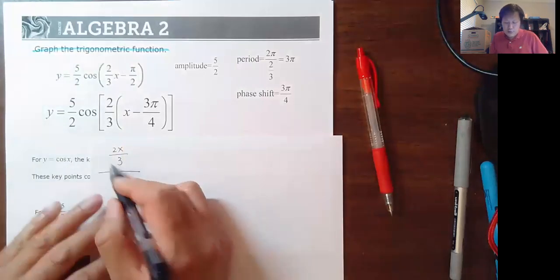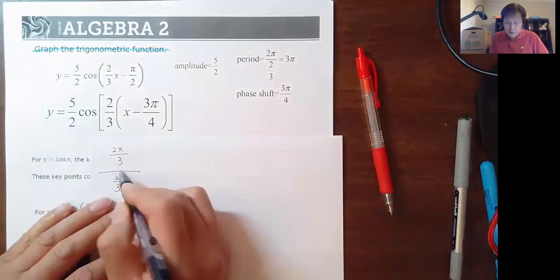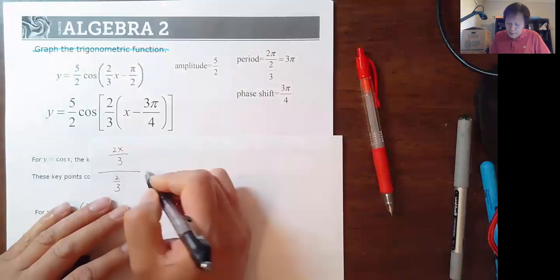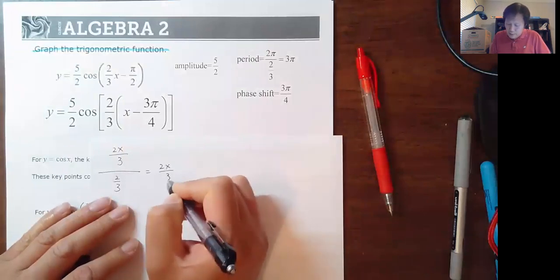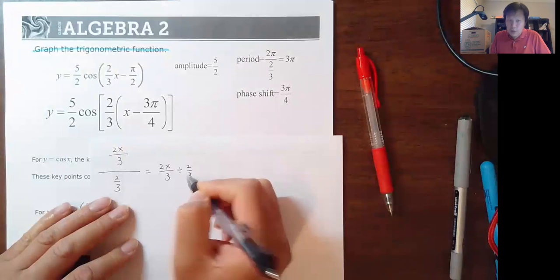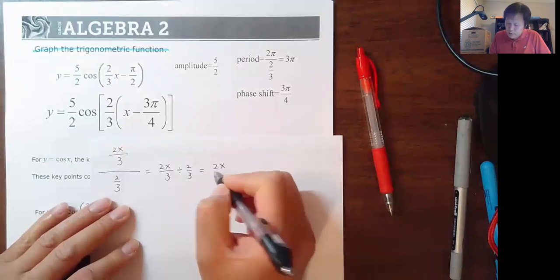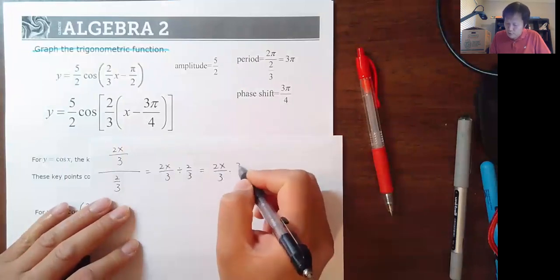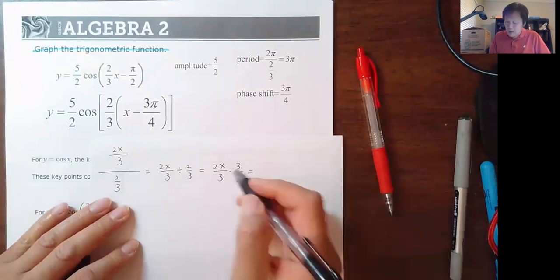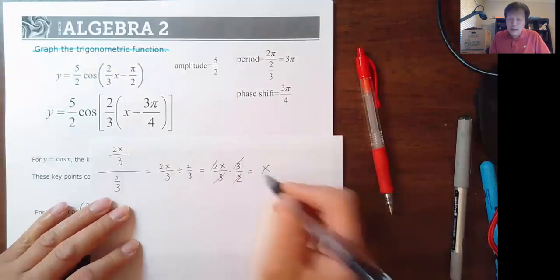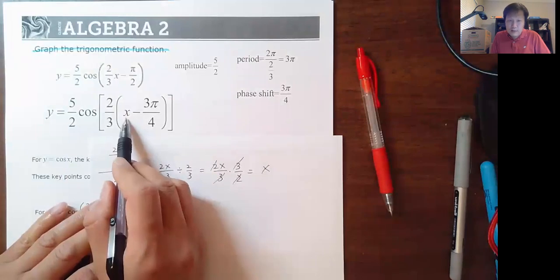A fraction means numerator over denominator, which means numerator divided by denominator. So that's the same as 2x thirds divided by 2/3, which is exactly the same as 2x thirds times the reciprocal, 3 half. Cancel, cancel, cancel, cancel. You end up with x. That's why we have x here.